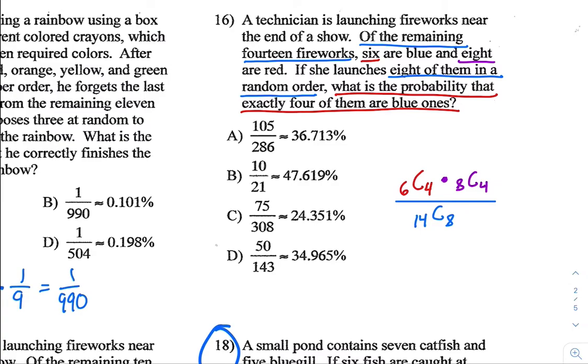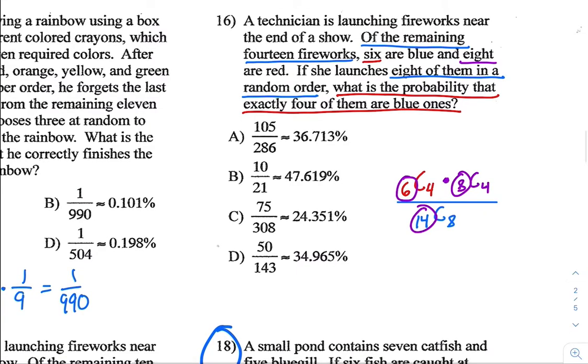Let me give you some tidbits. Do you notice anything about these numbers? The total number of fireworks should equal the sum of the fireworks of each color. 8 plus 6 is 14.